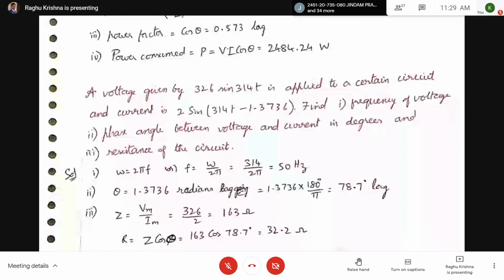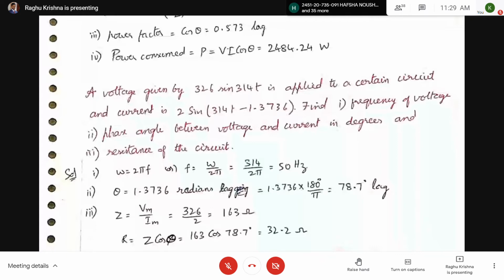Find the frequency of the voltage. Compare the voltage equation with Vm sin omega t. That means omega equal to 2 pi f, so 2 pi f is equal to 314. F equal to omega by 2 pi. So you are going to get f as 50 hertz. So the first bit, frequency, you have found out.